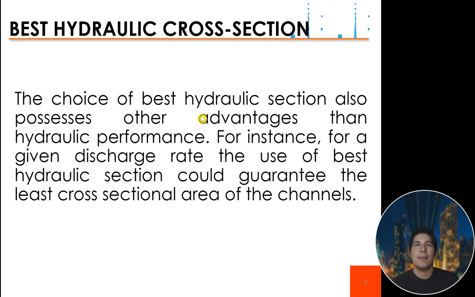So the choice of best hydraulic section also possesses other advantages than hydraulic performance. For instance, given a discharge rate, the use of best hydraulic section could guarantee the less cross-sectional area of the channel.